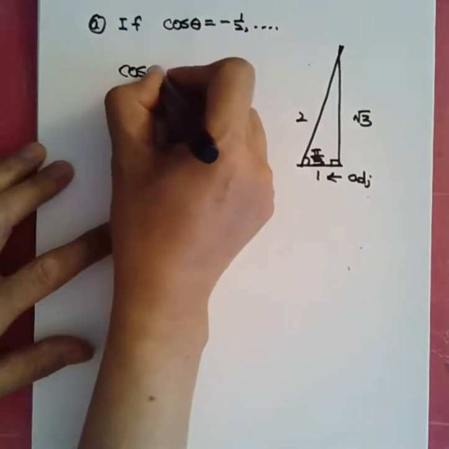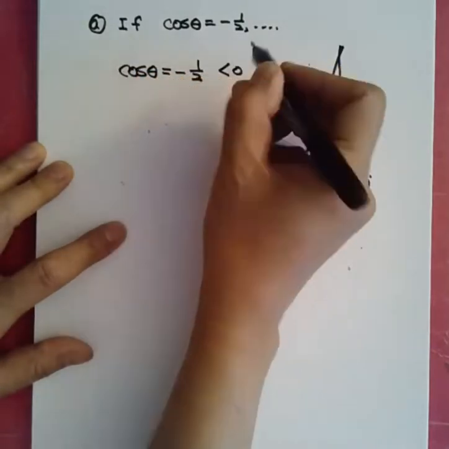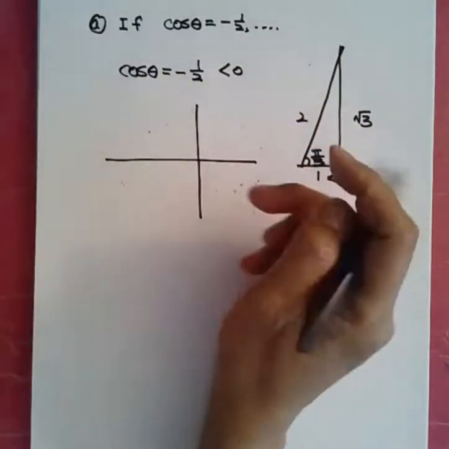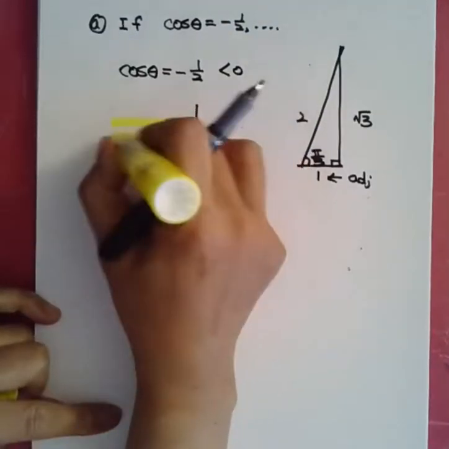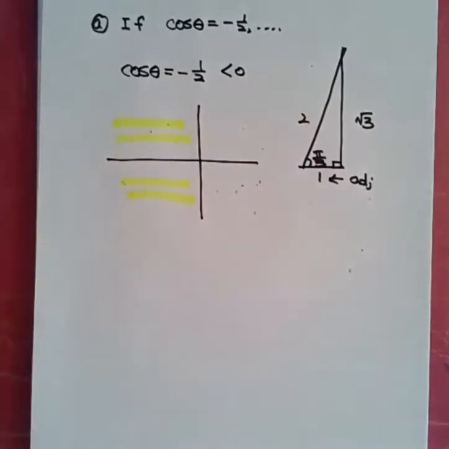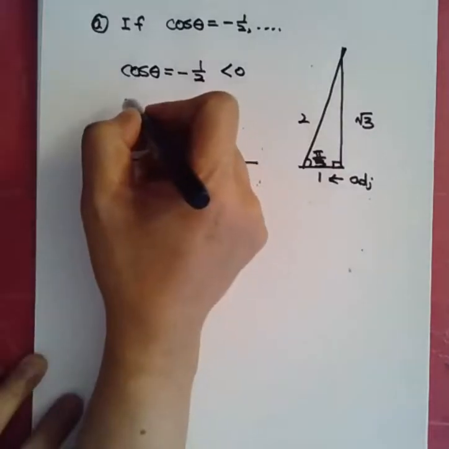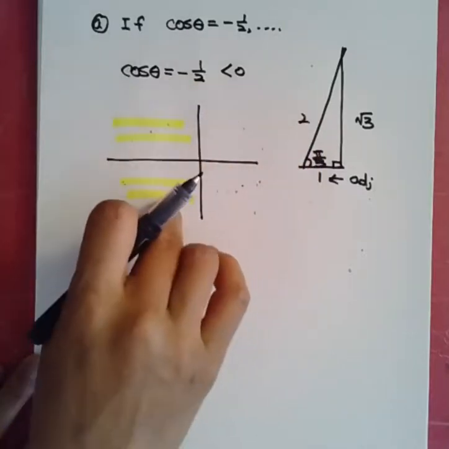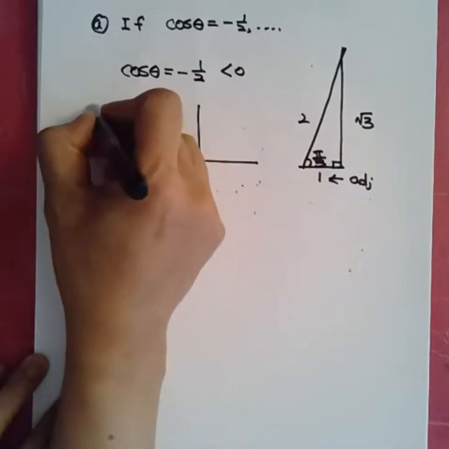In cosine of theta equals minus 1 over 2, that is less than 0. So x value is less than 0. Meaning the angle will be located either in second or third quadrant.